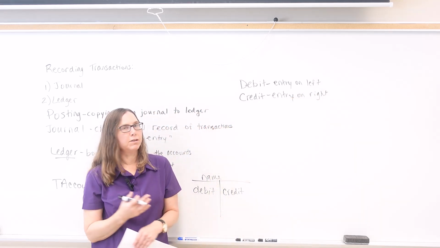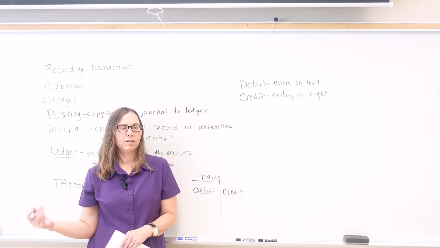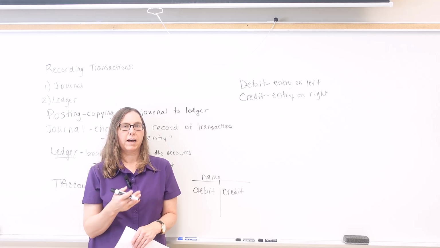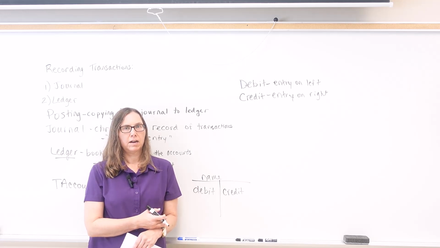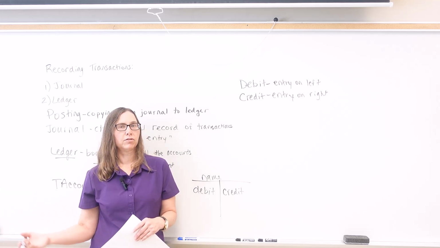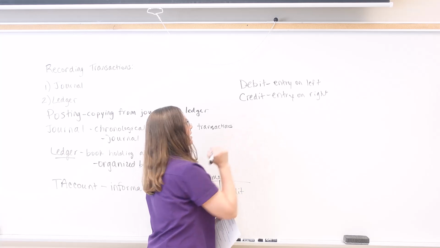So basically, debits and credits represent increases and decreases to accounts. But the issue comes in because some account types you add to them with debits, and then some account types you add to them with credits. So you basically just have to learn the rules to know where to put stuff. So I'm going to write that down.